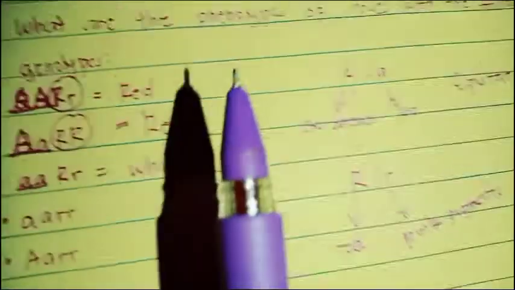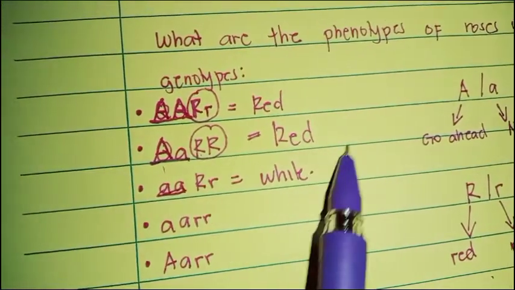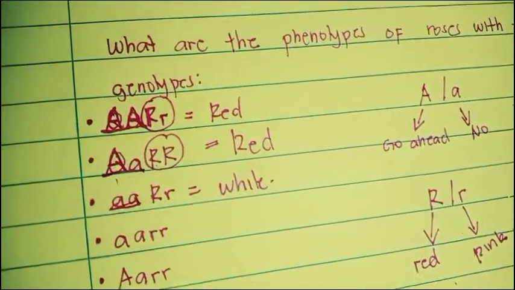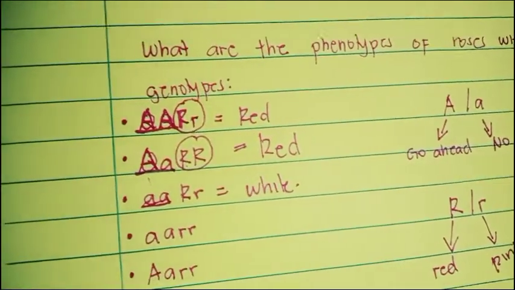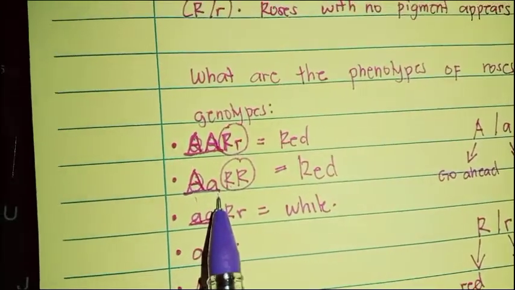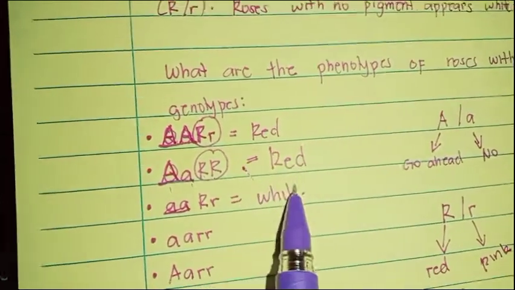So we can wrap it up and conclude that this example explains that the capital letter A and the small letter a with the two capital R's will have a red flower.